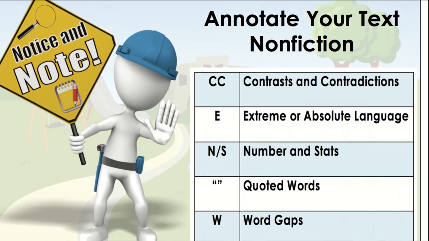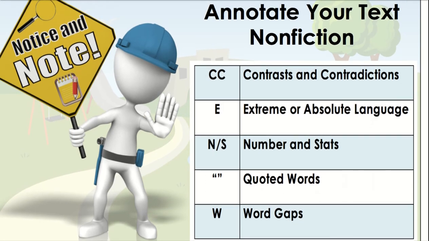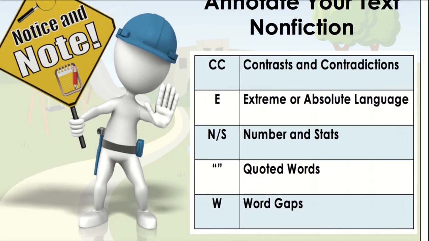Okay, so the video is going to stop and ask you to write down this chart because this is, excuse me, how you are going to annotate your text. So, contrasts and contradictions. So, contrasts, if you see words like but, that is alerting you to the author is probably giving you a contrast or something that is the opposite, a contradiction.